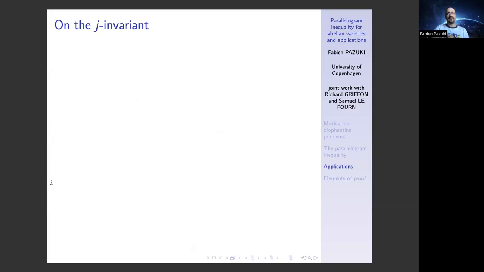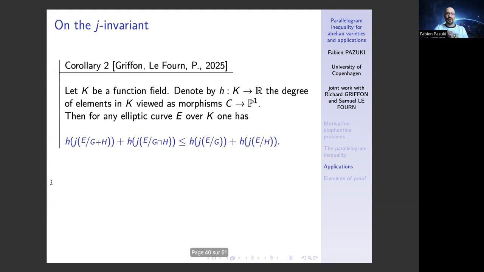So now let me give as a little bonus, a little corollary on the Jane variant, because I like Jane variants. So let's take a look at elliptic curves. The whole thing applies to elliptic curves. Of course, you don't have interesting sub-abelian varieties on an elliptic curve, but you do still have isogenies. So now if you take a function field, and if now I denote little h to be just the degree of elements in K, because they can be viewed as morphisms, so they have degrees.